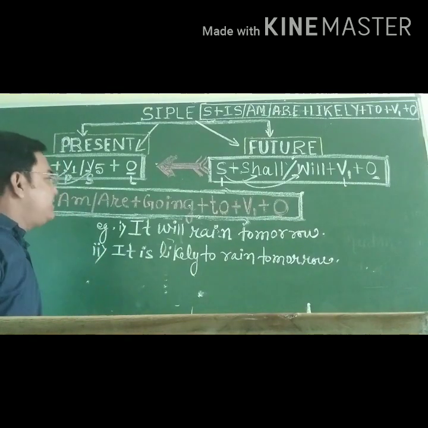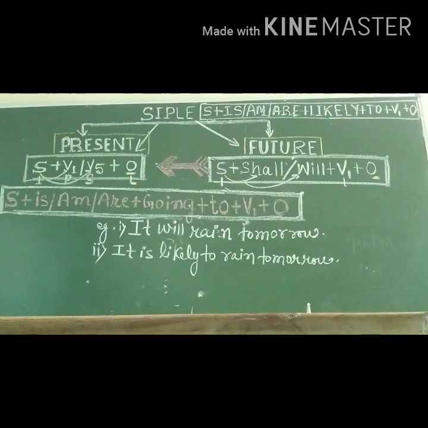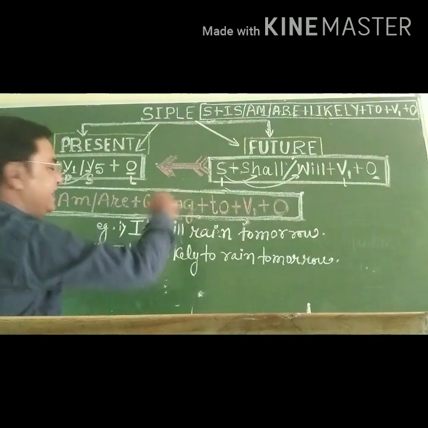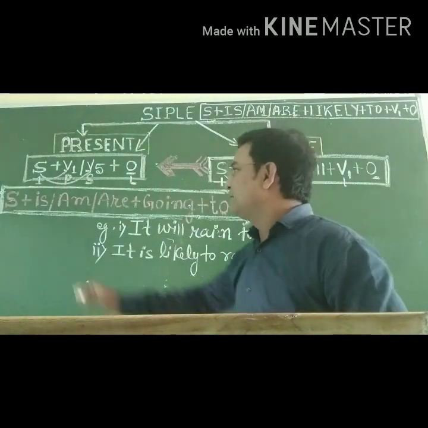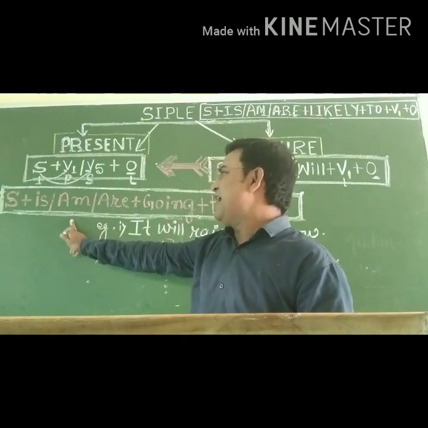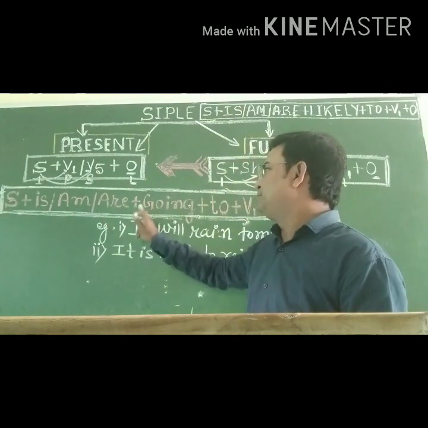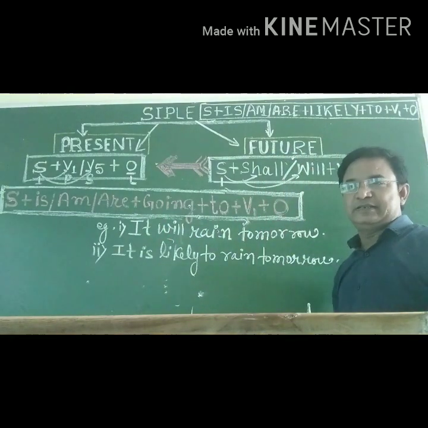Okay? Now come to see the use of another one, in which we will learn about this structure which is written on the whiteboard in the middle of this board. Here, what is this? Subject plus is, am, are, plus going to, plus V1 plus object.